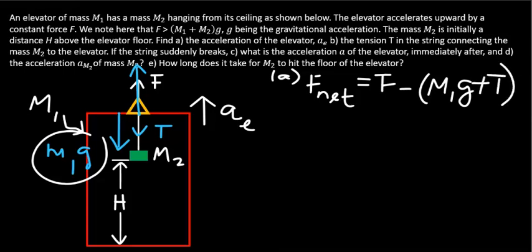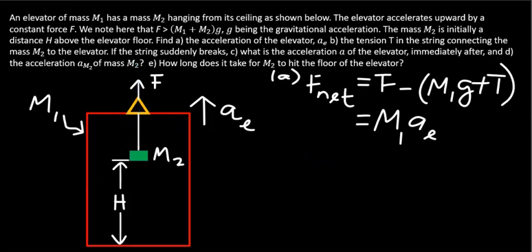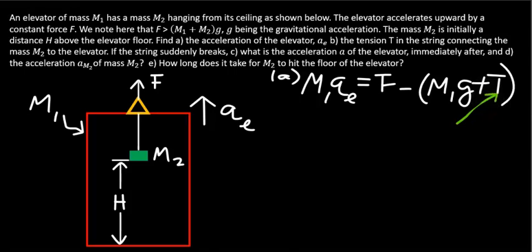And since we know by Newton's second law, this equals the mass of the elevator m1 times the acceleration AE, then we can equate the above expression to just that, m1 times AE. So now we can simply replace the net force with m1 AE. You see you have tension here, so we need another equation.